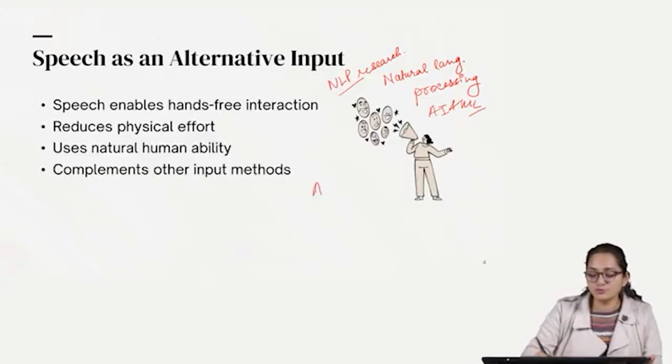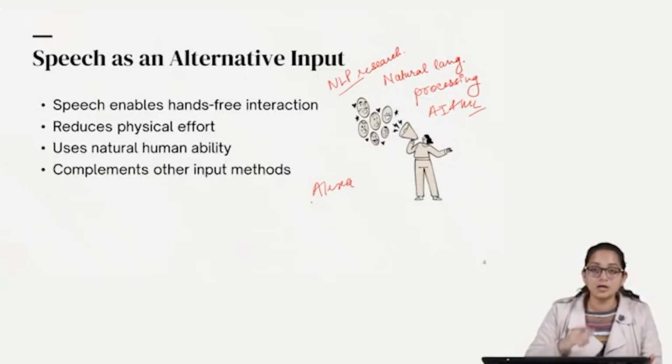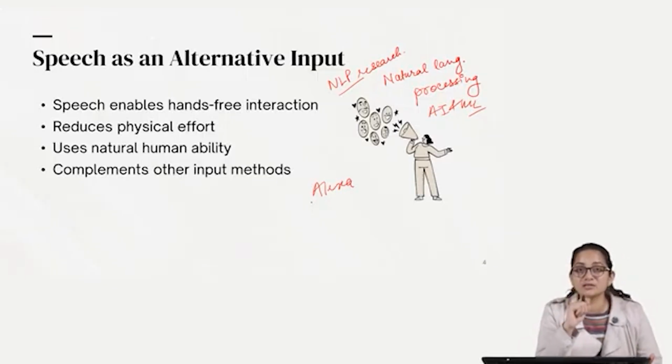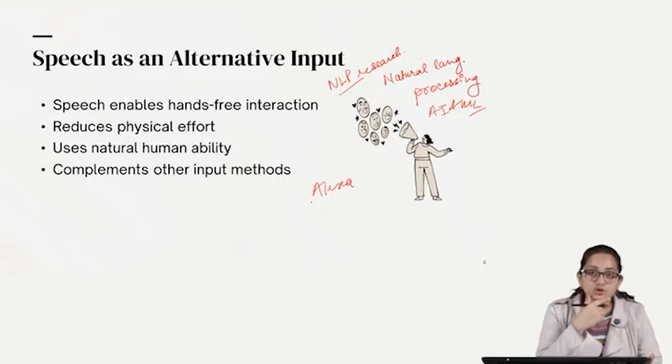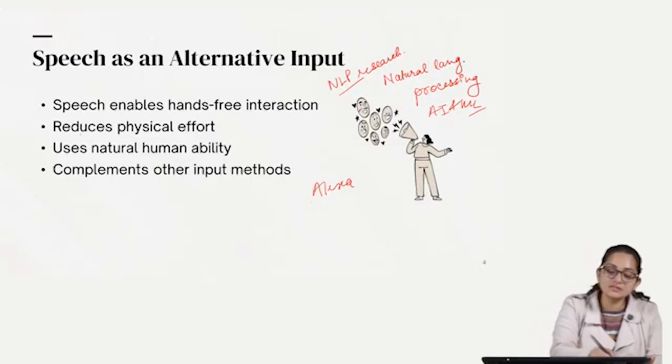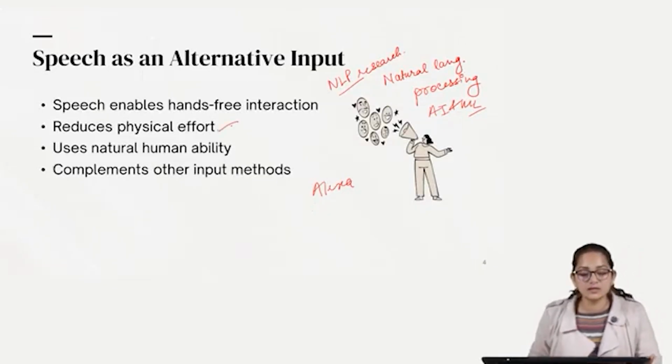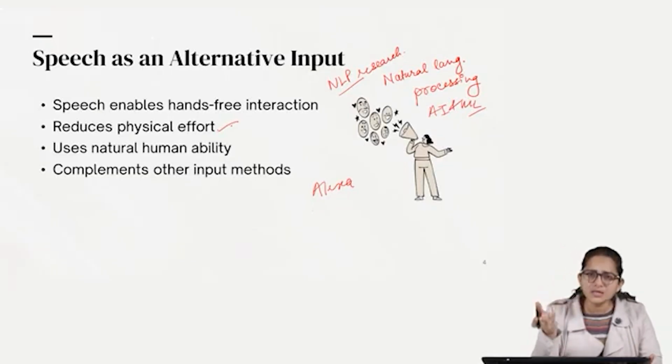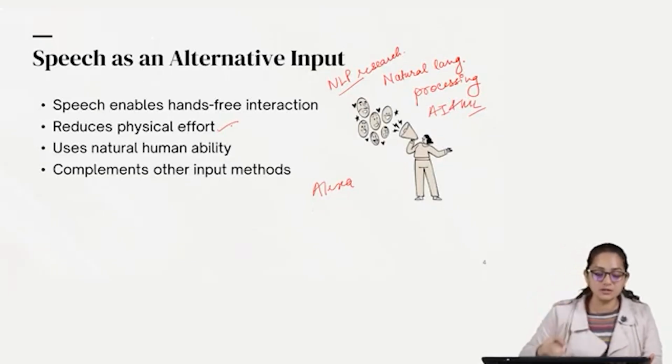I'm sure all of you might have seen Alexa, or you might have pressed that mic button on your TV remote for it to search a video or a movie on your smart TV. So it does reduce physical effort. It does use the natural human ability to just speak and tell your needs, right?